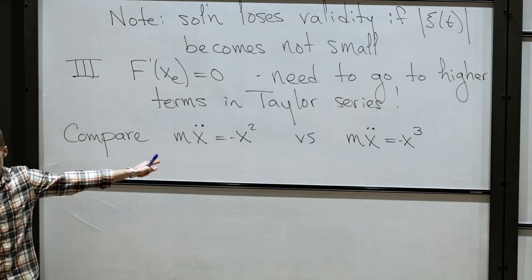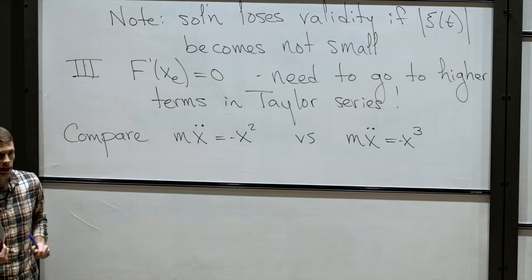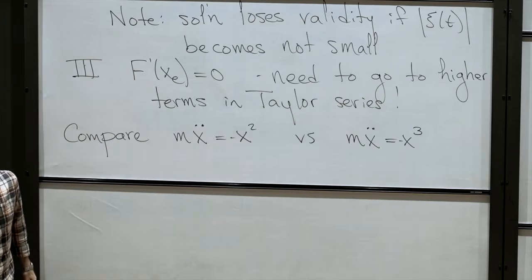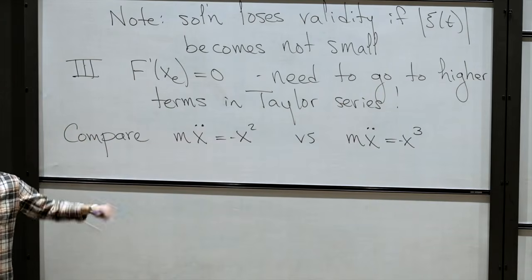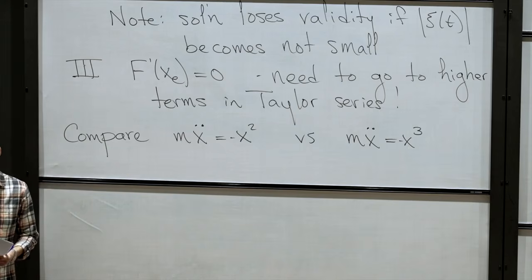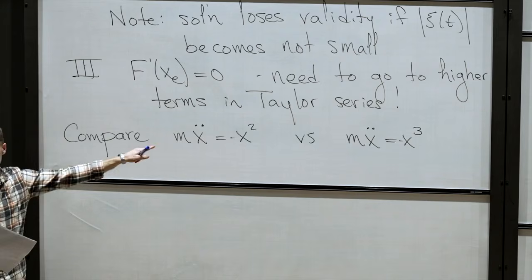A nice way to think of it is just to think about the energy diagram, the energy landscape. So here, V is x cubed over 3, right? And there V is x to the 4th. So what do you anticipate, stable and unstable?